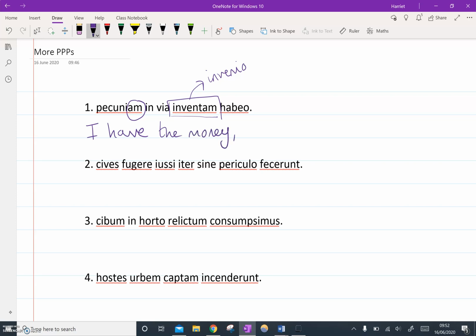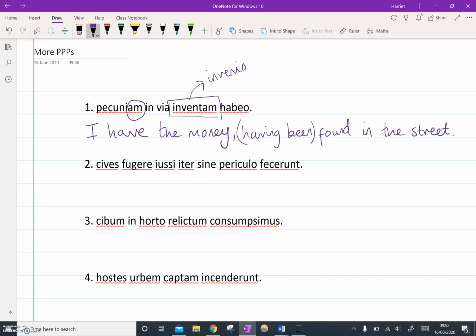And then your PPP, because that describes the money. So having been found, or if you prefer, you can just say found in the street. Okay, so that's number one.